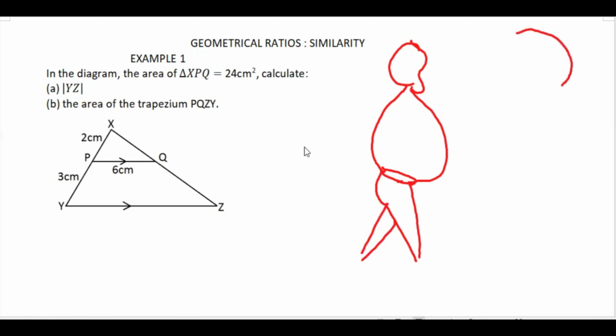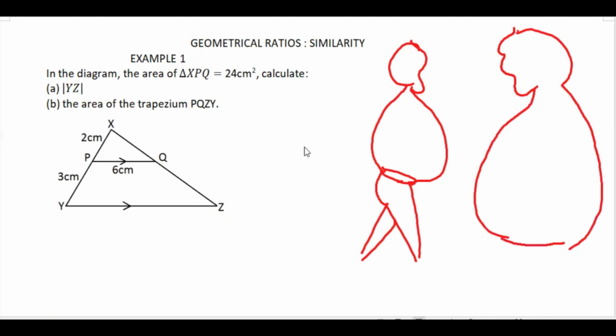and his father. Someone looks at the boy and says, wow, you look exactly like your father.